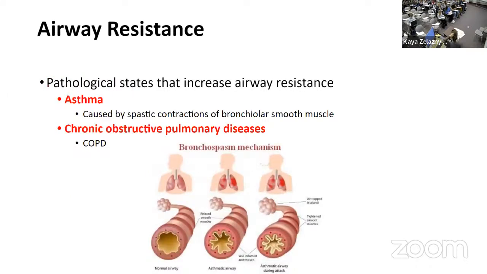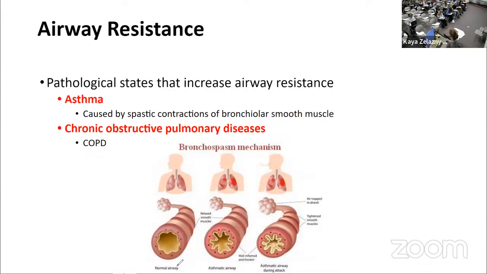There are also pathological states or diseases that usually increase airway resistance. We did mention asthma before related to histamine, but asthma is technically a disease of the smooth muscle of the bronchioles. Looking at the bottom here, we're looking at a normal airway versus an asthmatic airway.